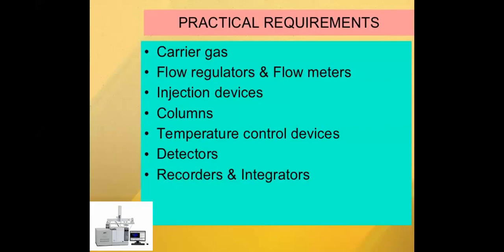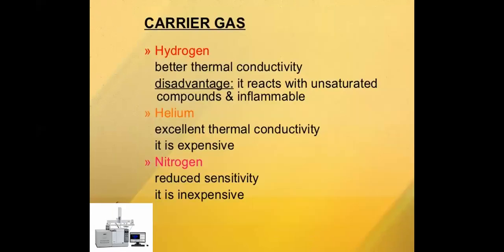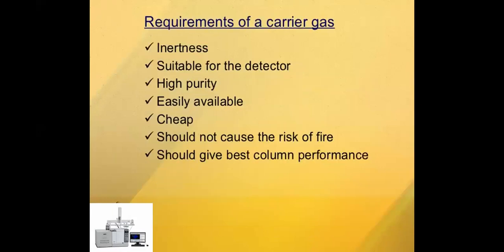Starting with the carrier gas, the gaseous material is available as a flow to carry the solutes, the sample, throughout the column. What are the ideal requirements of the carrier gas?